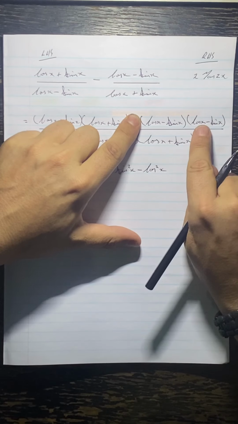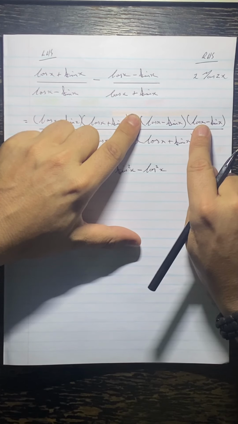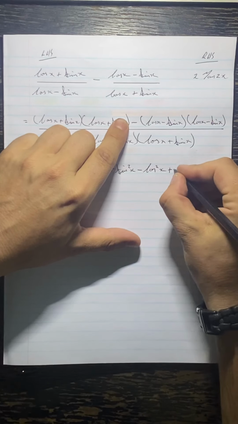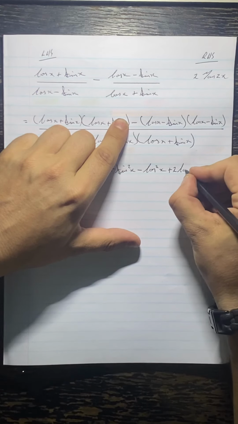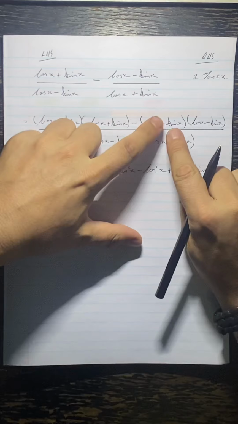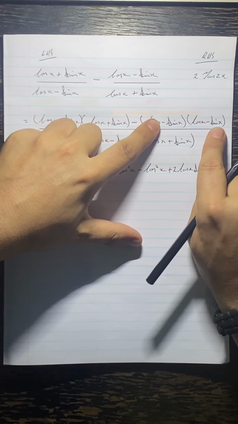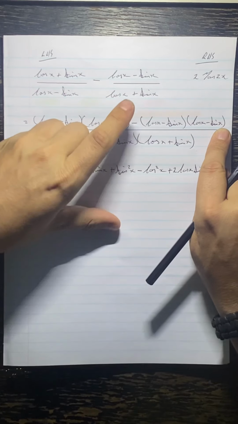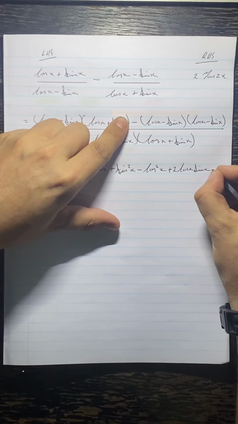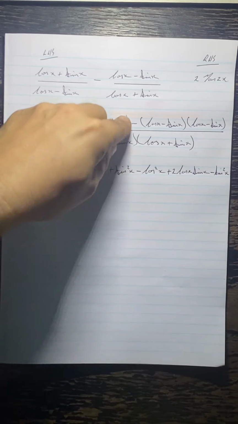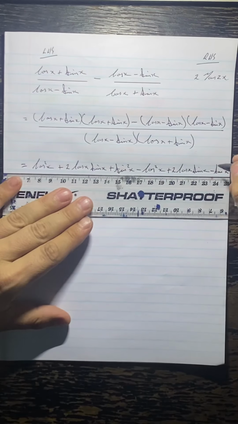The inners give us minus cos x sine x, so that's minus 2 cos x sine x, and multiplied by the negative gives plus 2 cos x sine x. The lasts, minus sine x times minus sine x, give positive sine squared x, and multiplied with this negative gives minus sine squared x.